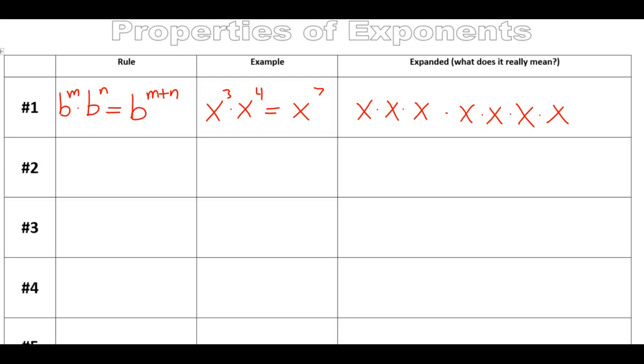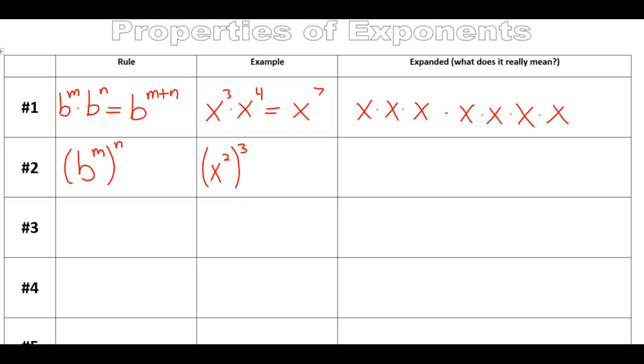Okay. The next one, I have b to the m to the n. So it's an exponent raised to another exponent. So the example that I'm going to give you is x to the second to the third. Now ignore what's inside the parentheses.